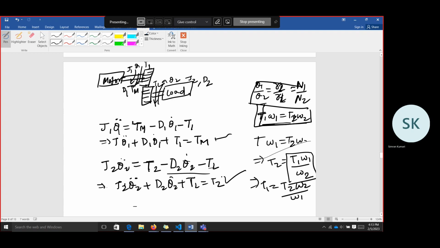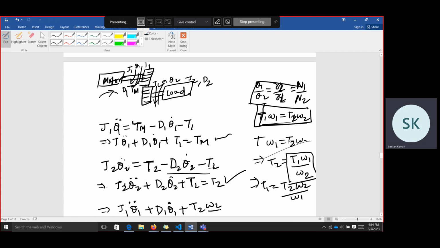So if we see this from the motor side, then this will be J1 theta 1 double dot plus T2 omega 2 by omega 1 equal to Tm.